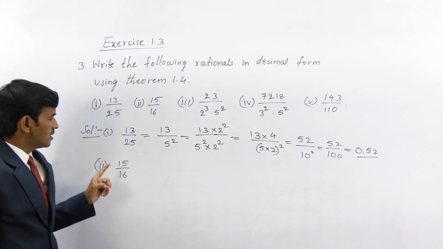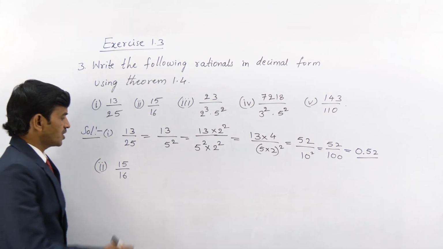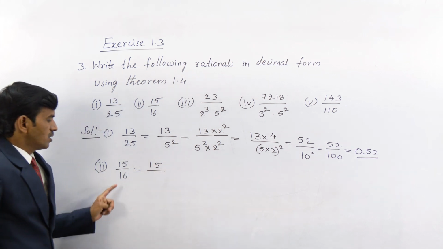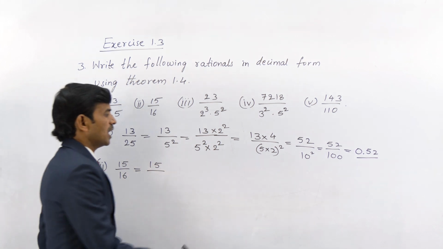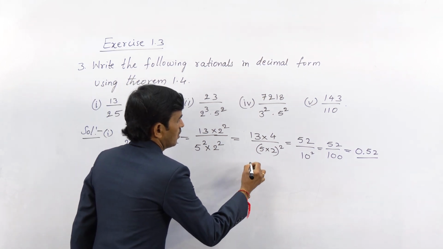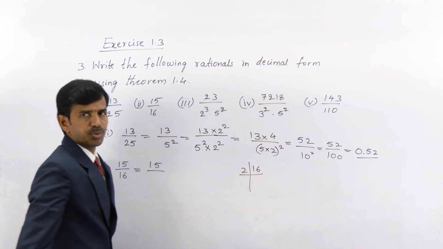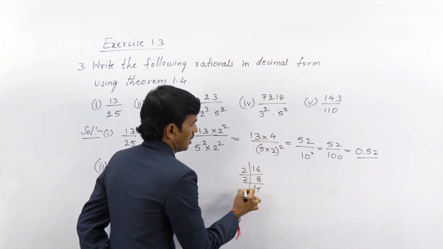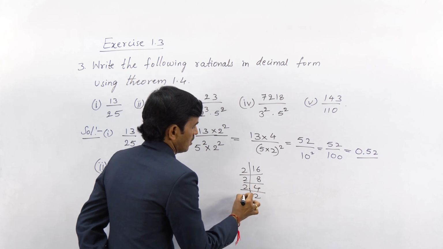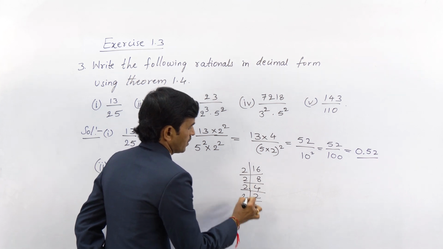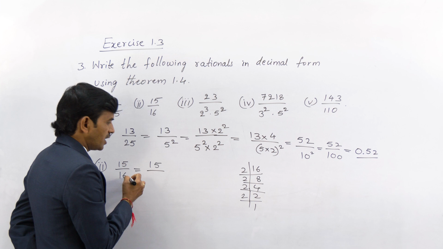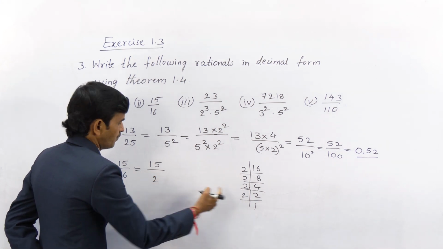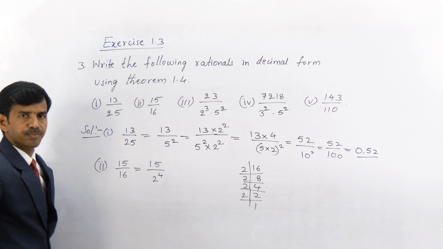Let us consider the second problem, 15 by 16. To find its decimal expansion, let's find the prime factors of 16. 2 8s are 16, 2 4s are 8, 2 2s are 4, 2 1s are 2. So 16 can be expressed as 2 power 4.